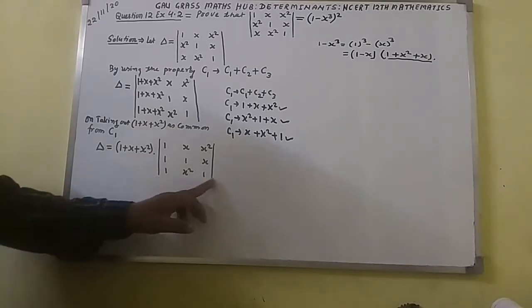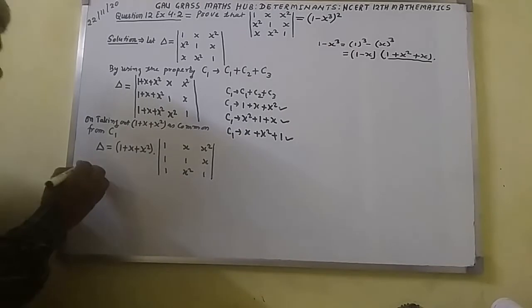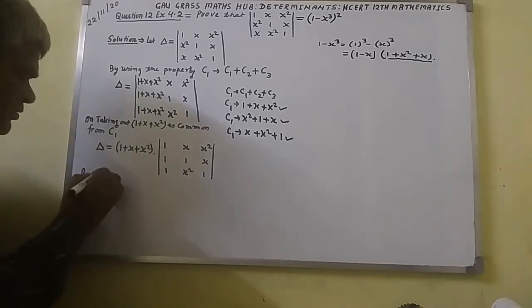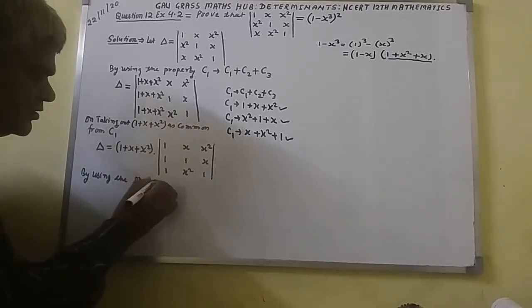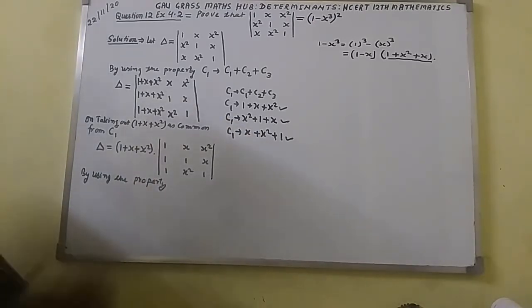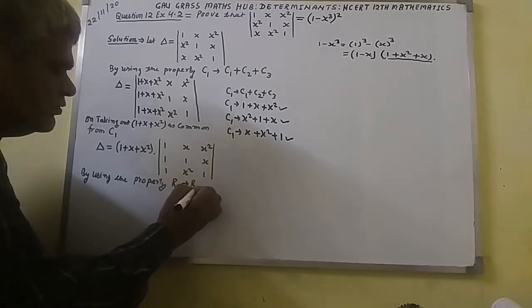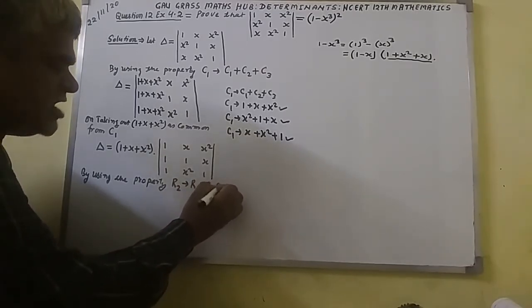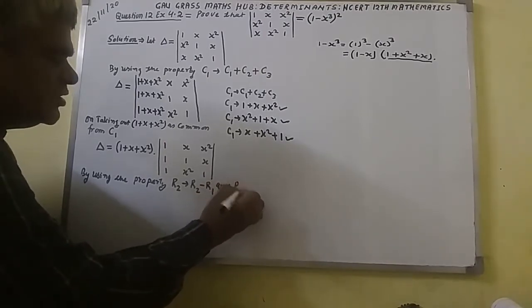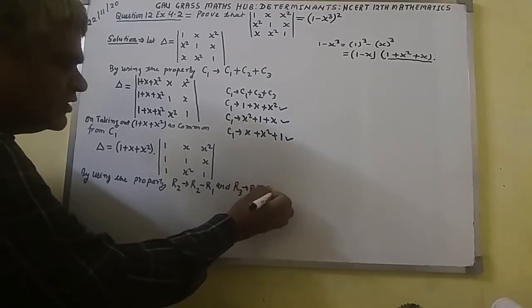So here I shall use the property R2 goes to R2 minus R1 and R3 goes to R3 minus R1.